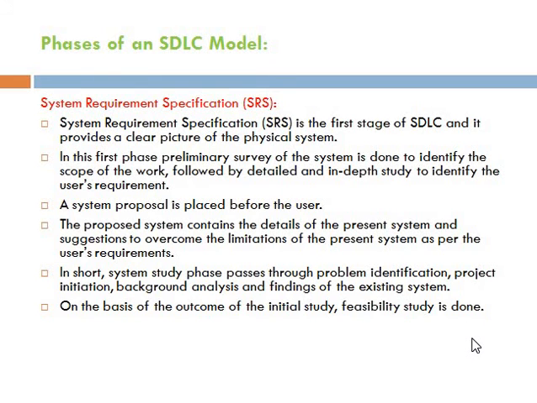An SRS document describes what a client wants and what developers will provide. So the software requirements specification document, or the SRS document, lists all the necessary requirements for the development of a software application. So it is a form of written agreement between you as a contractor who is undertaking the project and your clients.